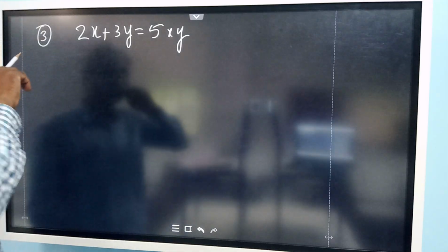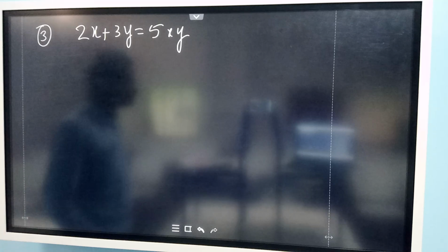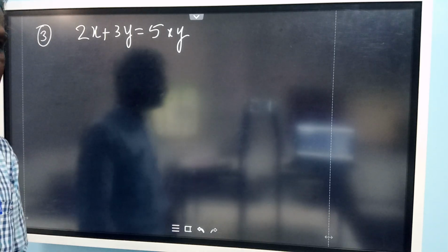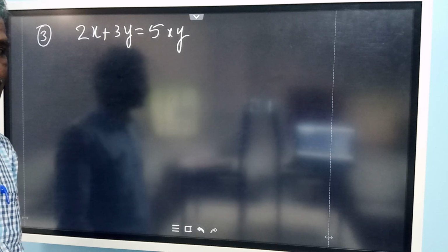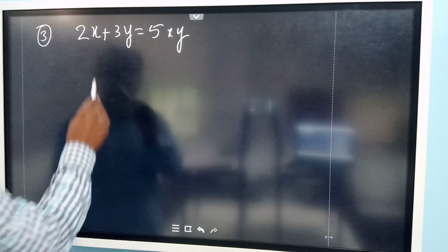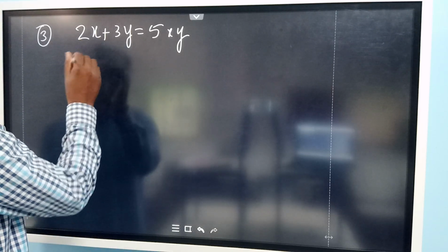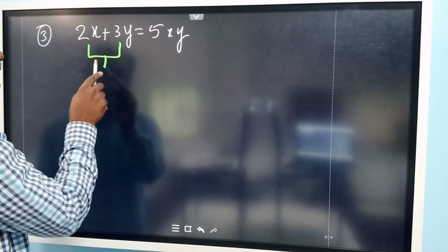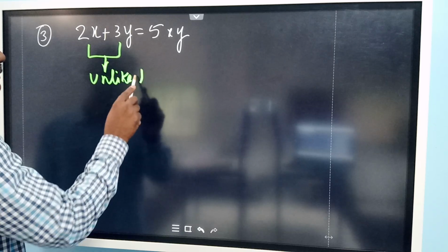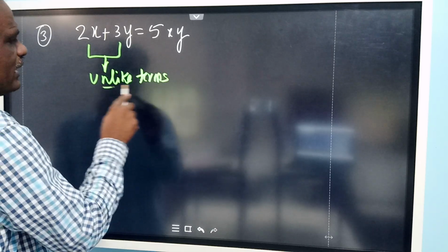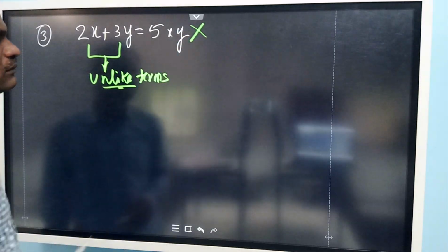Error, very important. 2x plus 3y is equal to 5xy. What is wrong in this statement? So these two are unlike terms. They are unlike. So unlike terms you cannot add. So this is wrong.